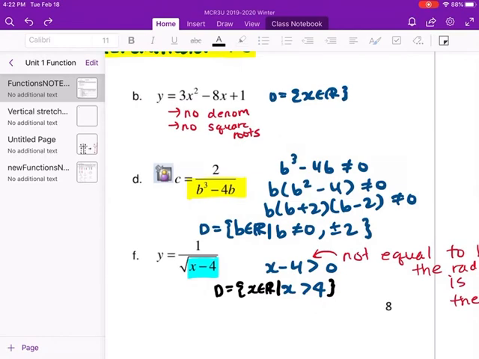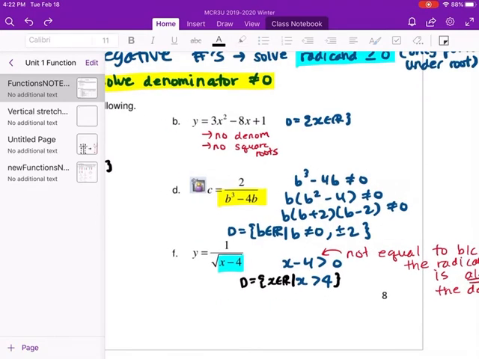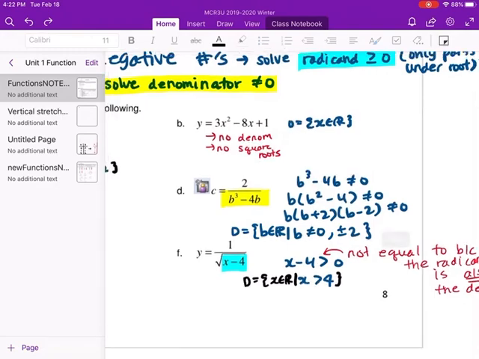And so you have b plus 2 and b minus 2 as the factors of b squared minus 4. And so when will that expression equal 0? Well, at 0 and 2 and -2. So we're going to say that the domain exists everywhere except at 0, 2, and -2.